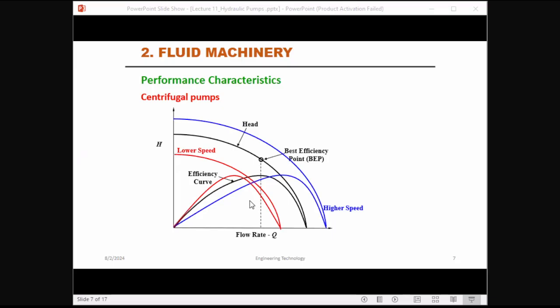And also this will help effective operation of the pump, and this pump curve is important for troubleshooting.